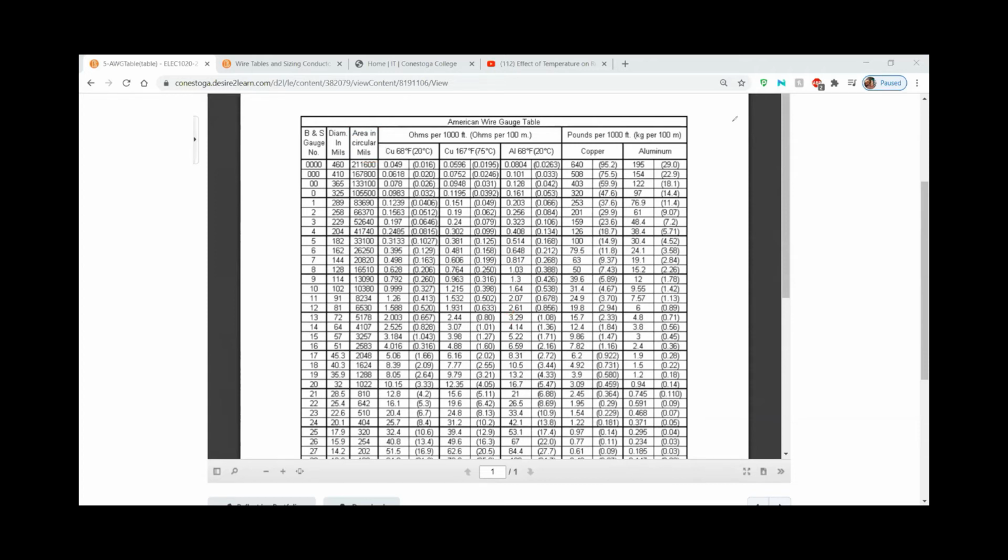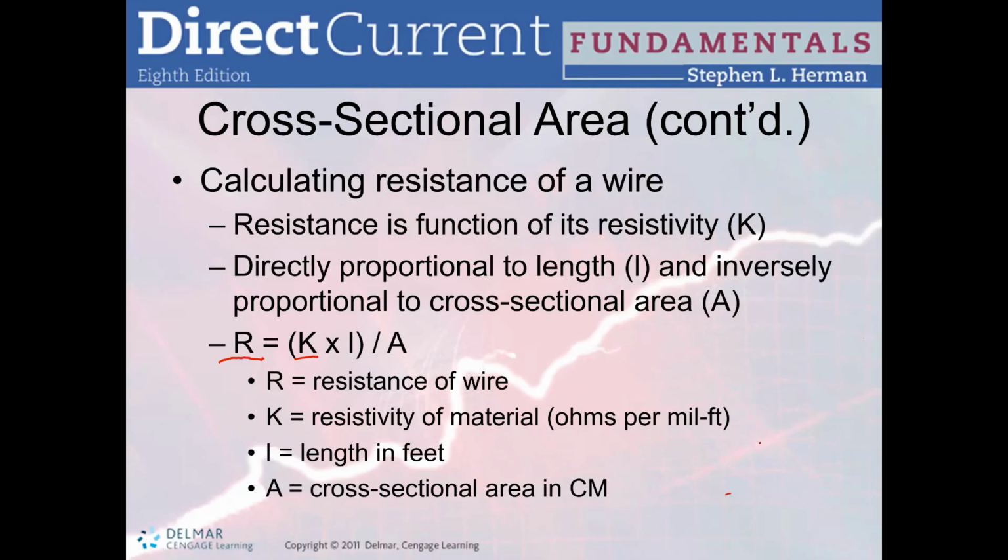I'm going to stop the screen here so we can go back to our PowerPoint. Now that you know where you are going to get your K and your A, let's say that we want to find the resistance that a given wire has.